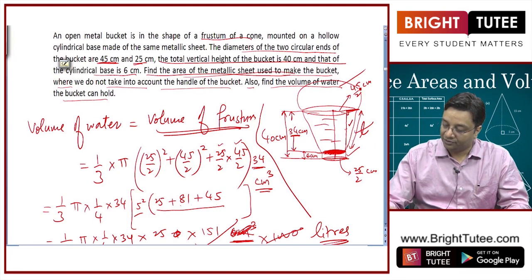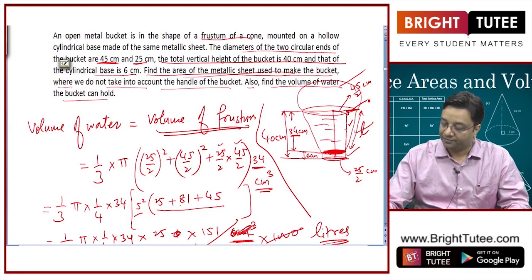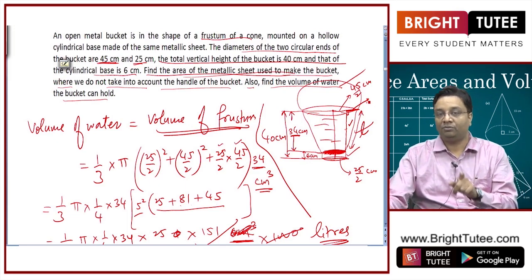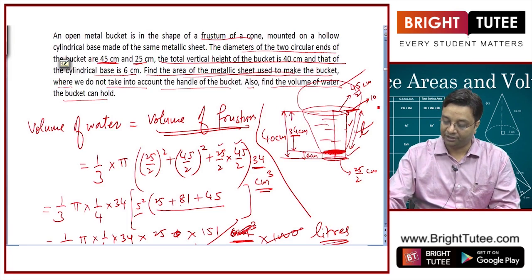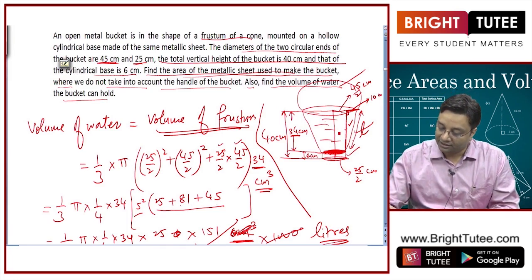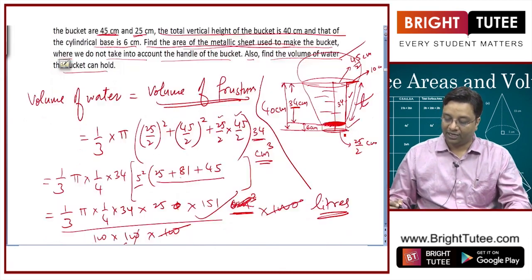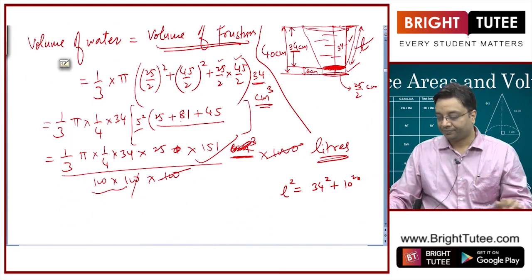This distance is 45 by 2 minus 25 by 2, which is 20 by 2, that is 10 centimeter, right. This height we already know is 34 centimeter. So L square is equal to 34 square plus 10 square, right.